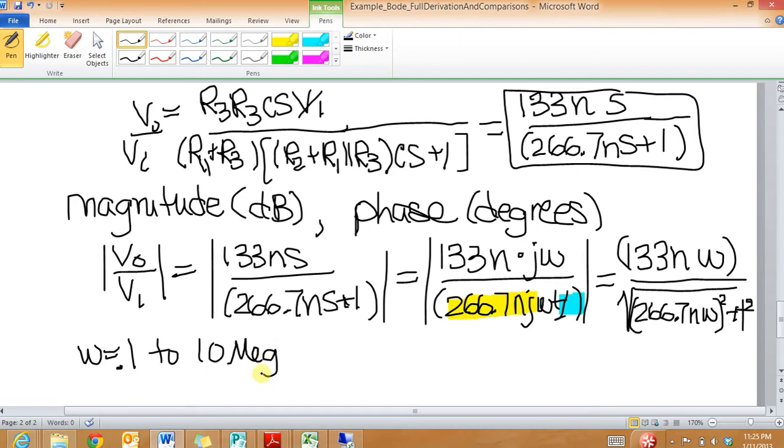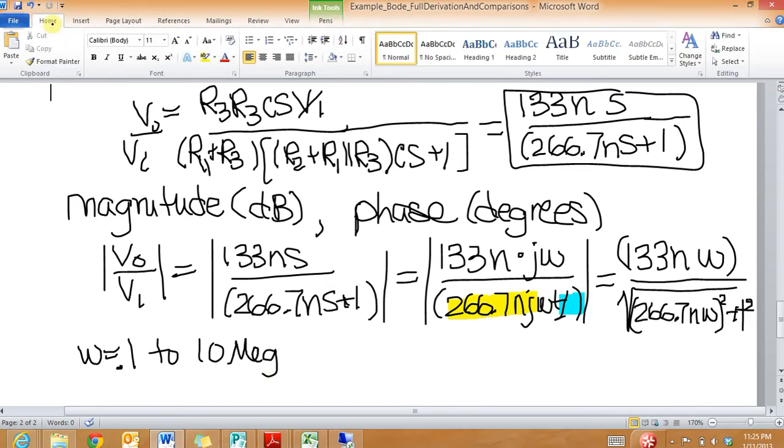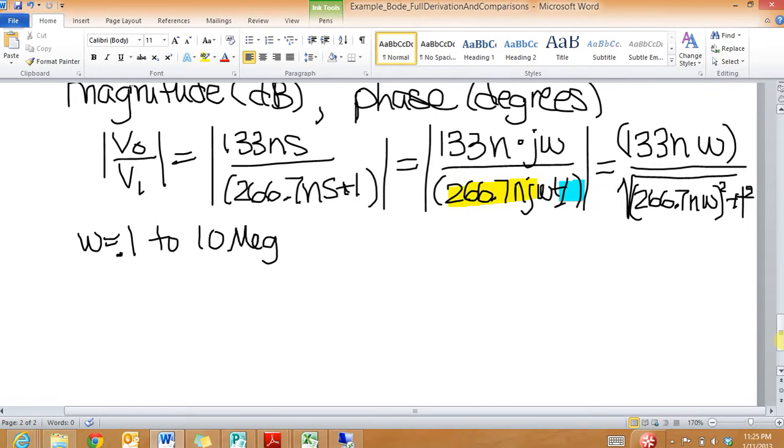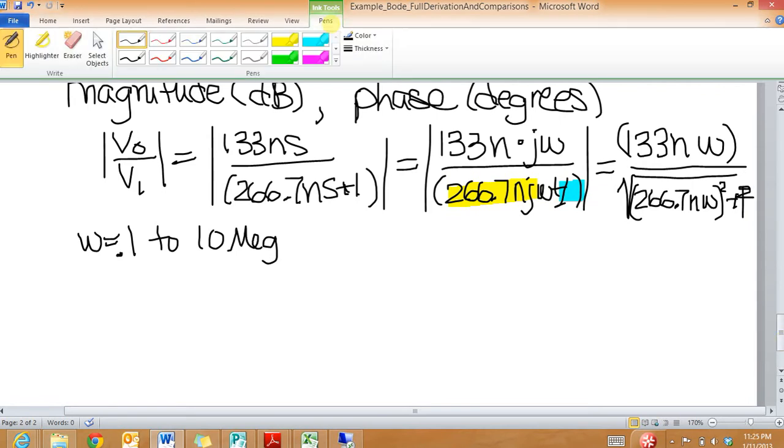So to do the phase, I'm going to do the same thing, except I'm going to take the phase of this transfer function. So the phase of V out over VI this time. Again, I'm going to plug in j omega.